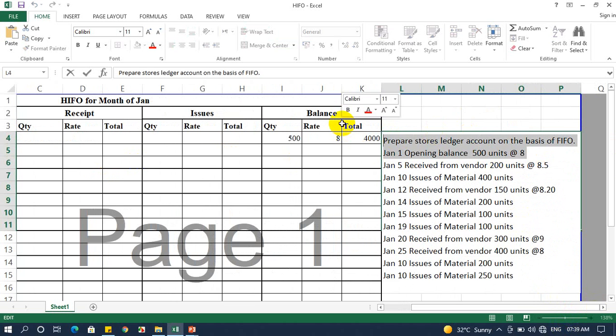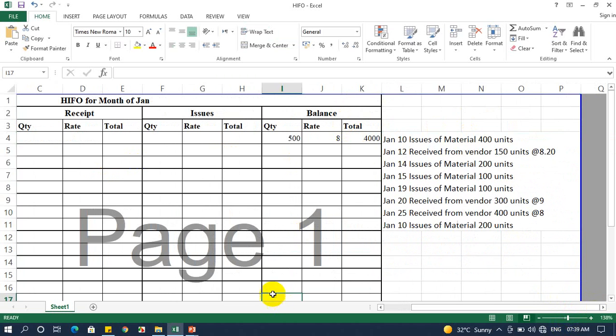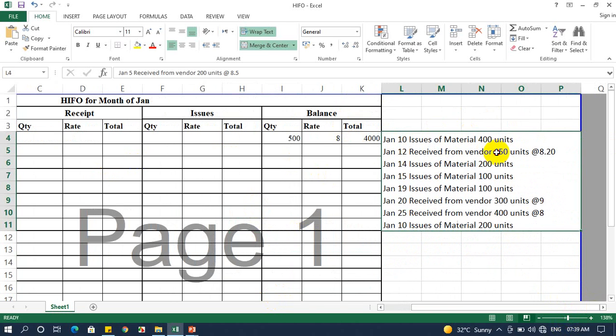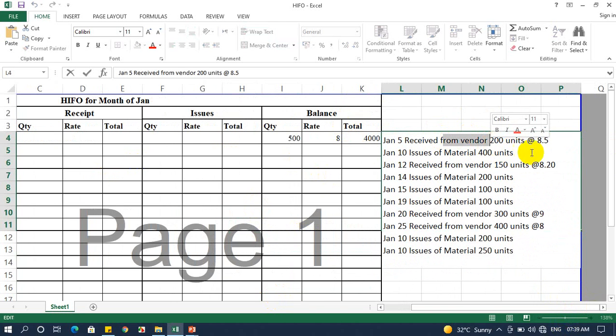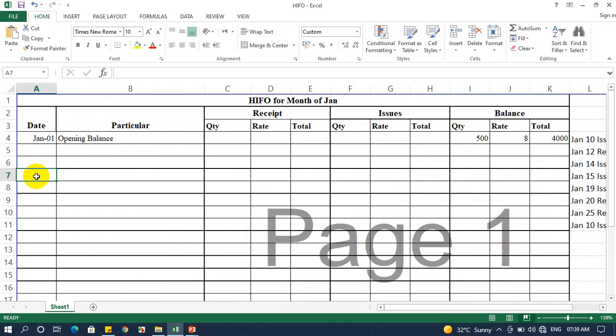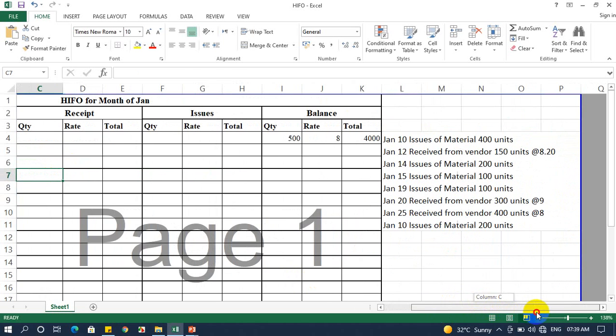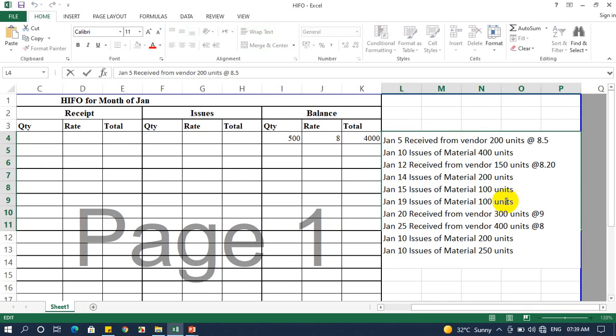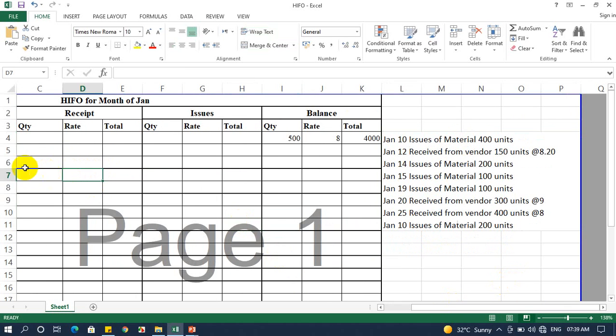Coming to January 5, we received 200 units from a vendor at 8.5. So we are purchasing, we received something, right? So here writing January 05, we are receiving 200 units at the rate of 8.5.